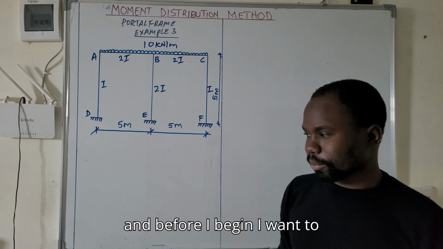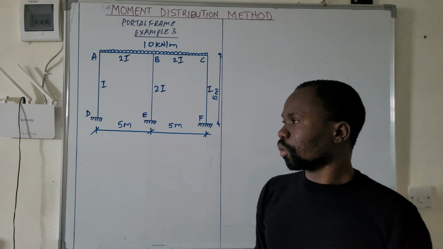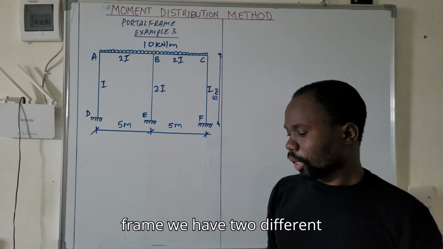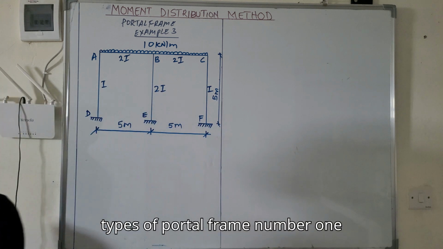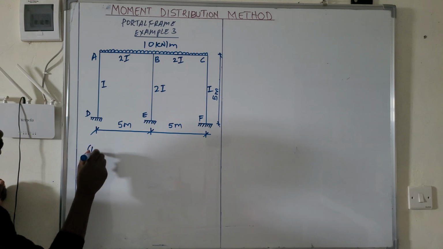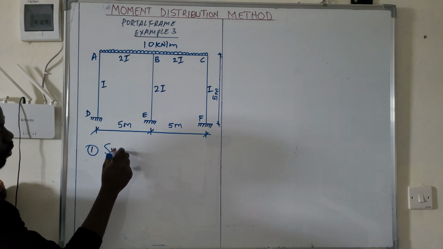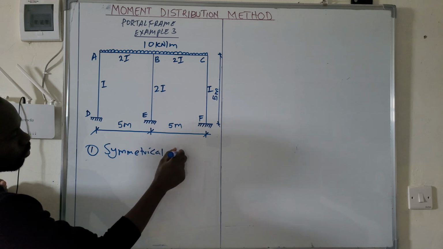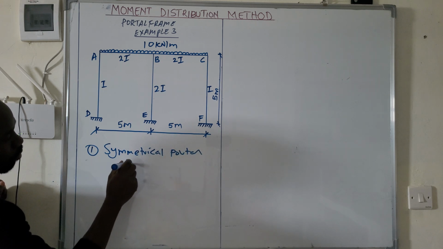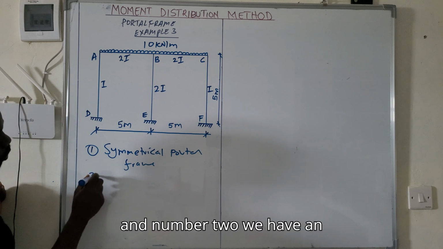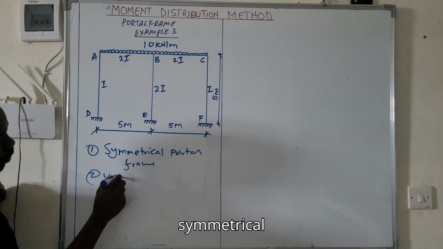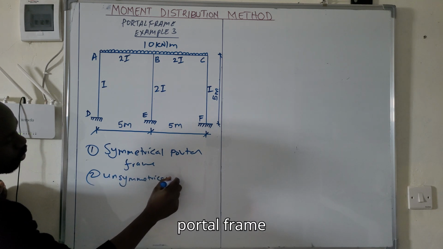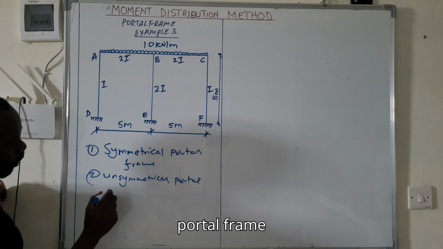Before I begin, I want to mention something regarding portal frames. We have two different types of portal frame. Number one, we have symmetrical portal frame, and number two, we have unsymmetrical portal frame.